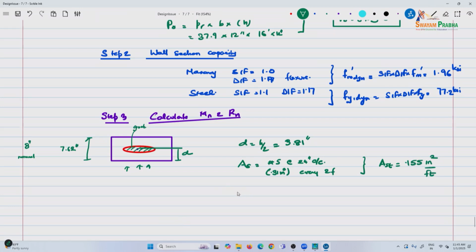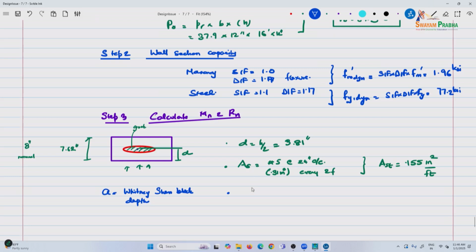Then we calculate A, the Whitney stress block depth, and you can substitute the methods you use here for the codes in this case.